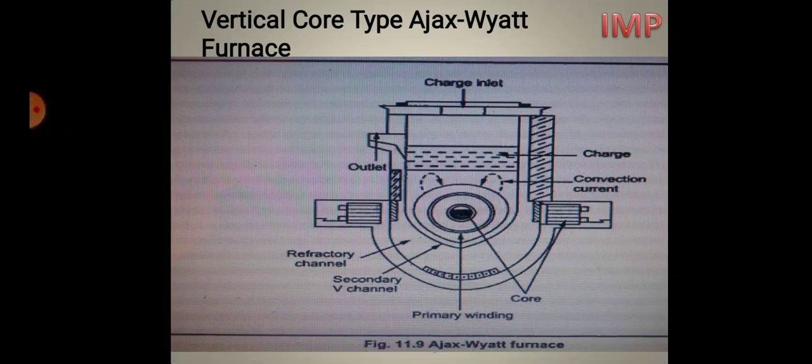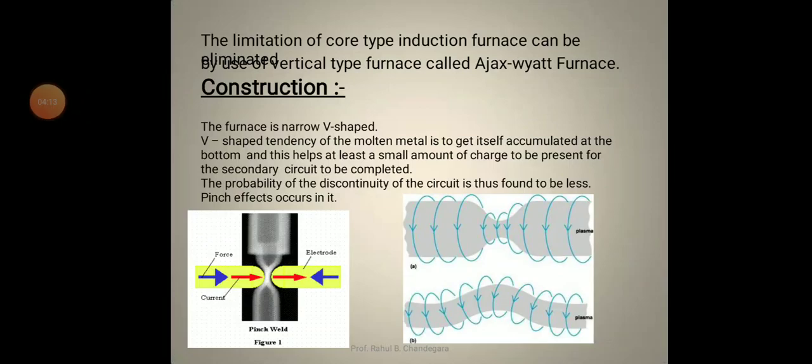We can see the primary winding and the core, and the secondary channel, the secondary V-type channel or U-type channel. The charge is in the chamber. The convection current and the flux are near the core. The limitation of the core type induction furnace can be overcome by use of a vertical type furnace called the Ajax Wyatt furnace.